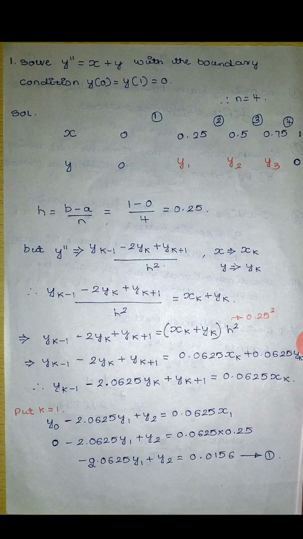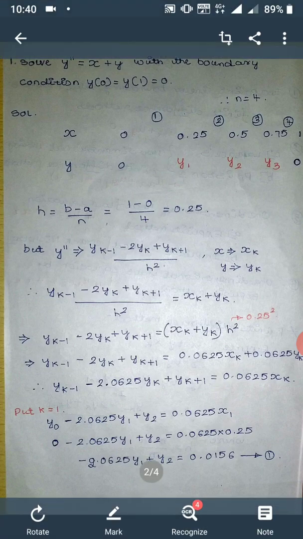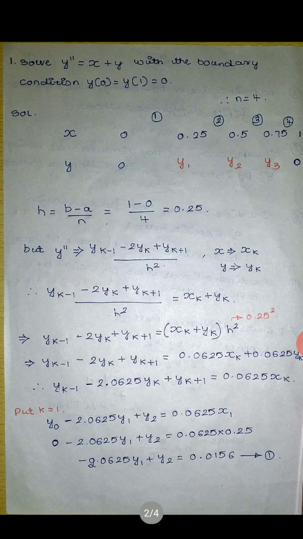On taking the LCM and multiplying, what we get is yk minus 1 minus 2yk plus yk plus 1 is equal to xk plus yk whole thing multiplied by h square, where the value of h we have calculated is 0.25. On substituting and simplifying, the equation we have obtained is yk minus 1 minus 2.0625 yk plus yk plus 1 is equal to 0.0625 xk. Say we are supposed to calculate the values of y1, y2, y3.